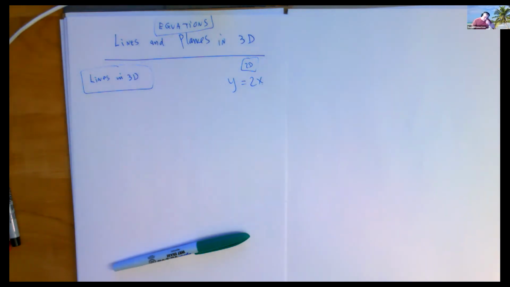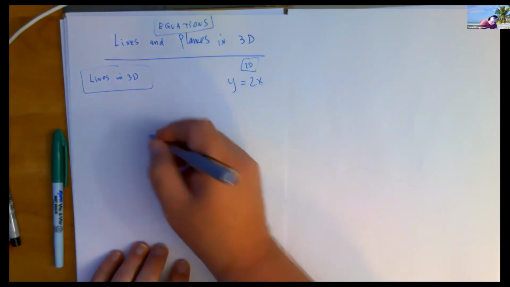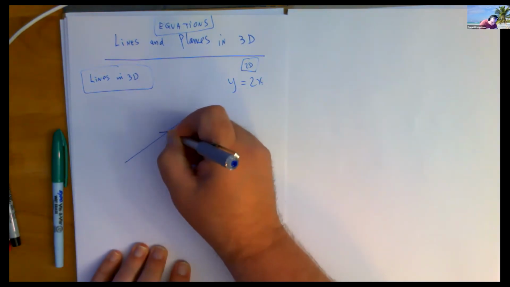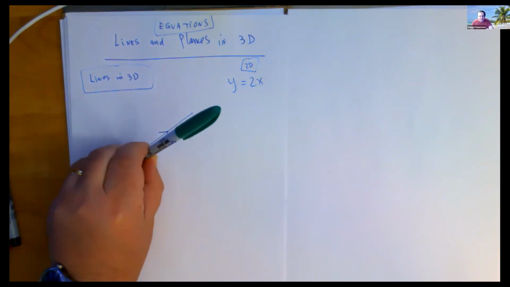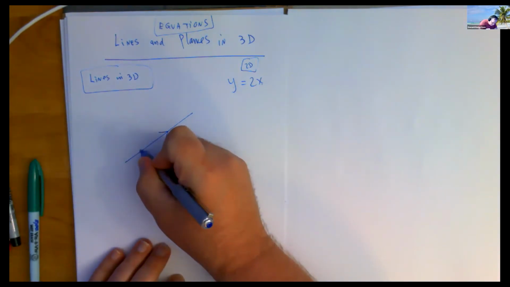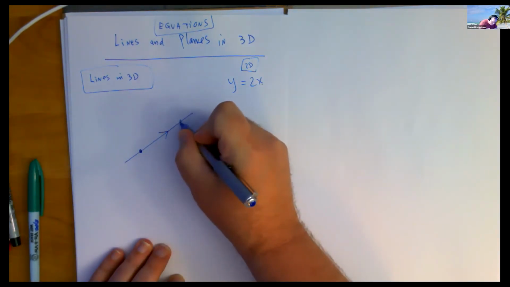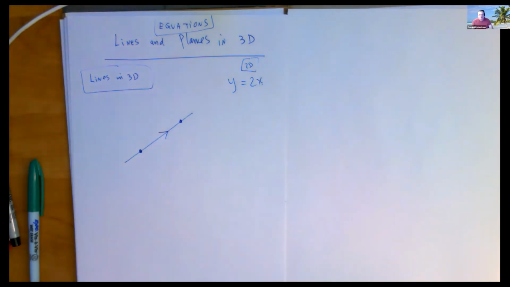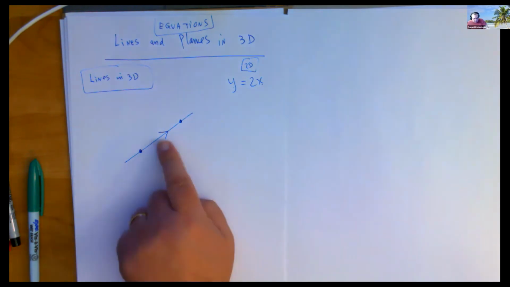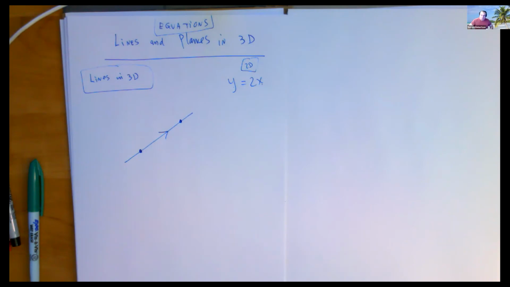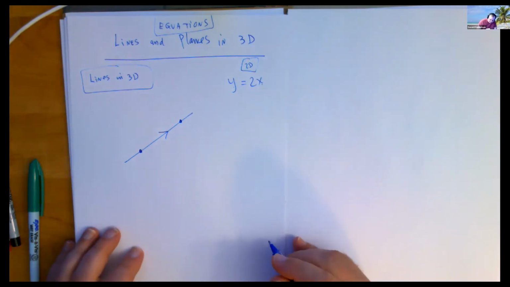In the 3D world, it's much more difficult because, can you imagine this is representing my pen? If you choose points on this line, and it continues forever, they have an x, a y, and a z component. So we have to come up with a way of generating an equation that allows us to find the coordinates of every point on this 3D line. So how do they do it?